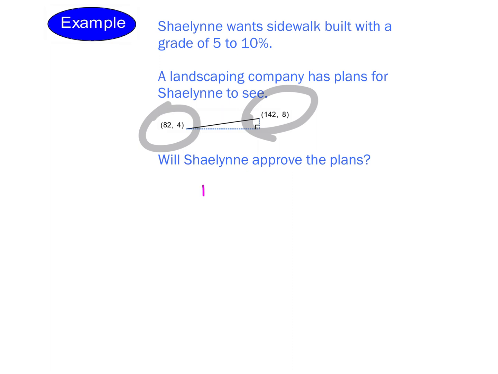So, of course, slope is y2 minus y1 over x2 minus x1. And that's 8 minus 4 over 142 take away 82.